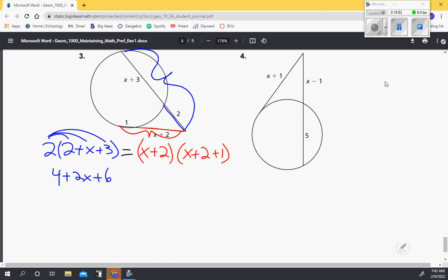That's equal to x squared plus 2x plus x plus 2x plus 4 plus 2.